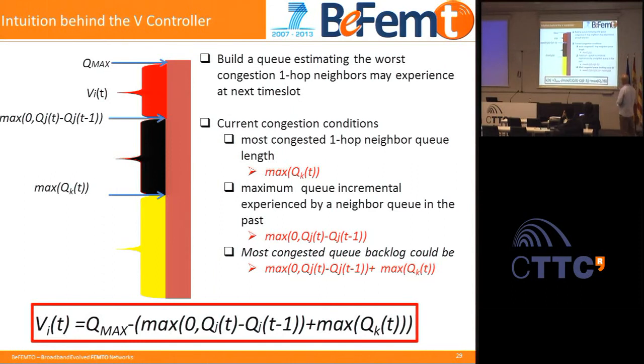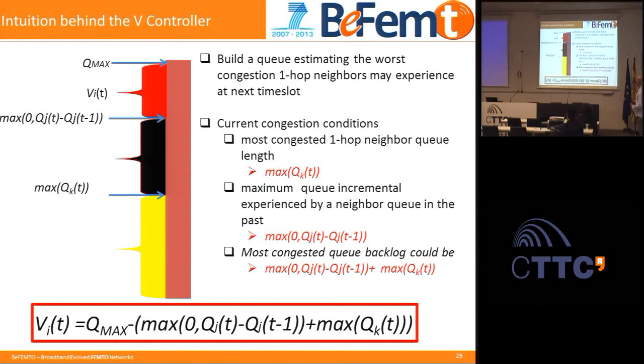To build this queue, we take two components: the maximum queue length of the one-hop neighborhood and the maximum queue increment experienced by a neighbor queue, which approximates the potential increase in the local offered load in the network.